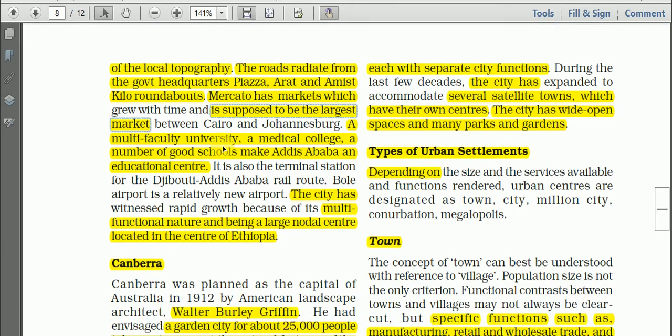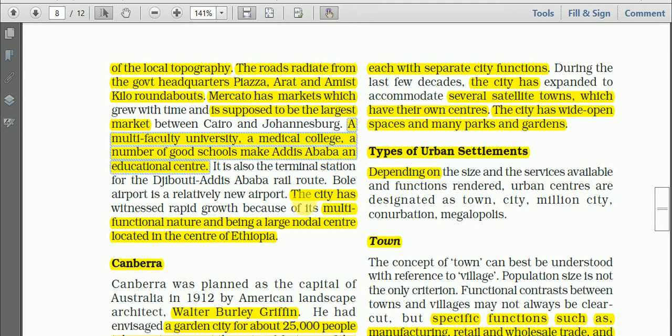There is a multi-faculty university, a medical college, and a number of good schools that make Addis Ababa an educational center. That means Addis Ababa also performs the function of an educational town.